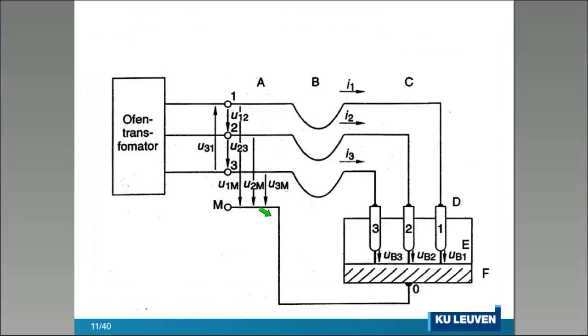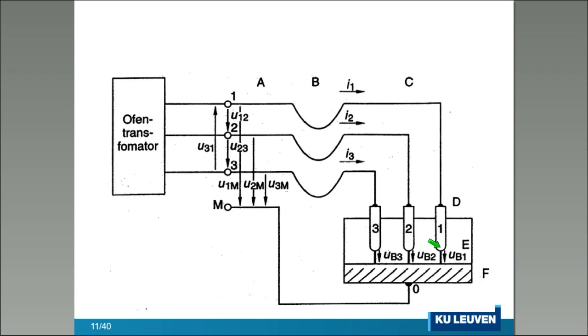Let's go now to the electrical scheme of this alternating electric arc furnace. We have here on the left the transformer, the conductors bringing the current to the 1, 2, 3 graphite electrodes, and in the alternating current arc furnace we have 3 arcs, 1, 2, 3 arcs manifesting themselves between the bottom of the electrode and the top of the melting bath.